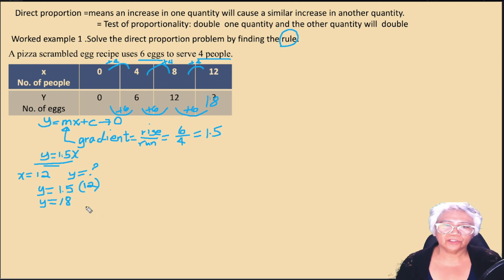All right, so 18 eggs are needed to make the pizza scrambled egg recipe, which is good for 12 people.